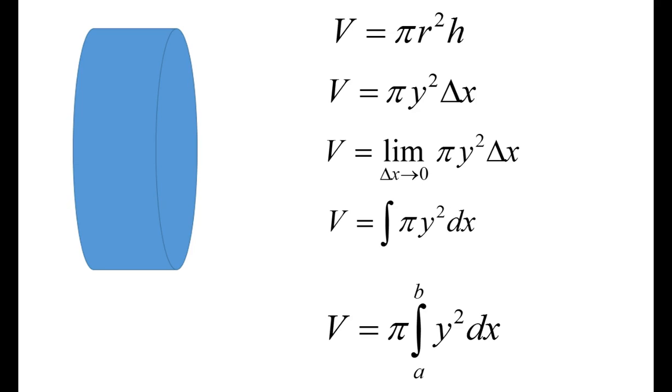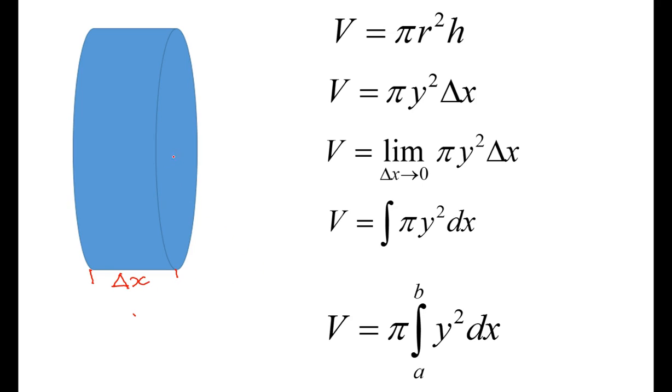We are using the formula volume equals pi r squared h to calculate the volume of our solid of revolution. That's our starting point. Now the cylinder here is standing on its side, so the height of this is actually that distance from there to there, and that was delta x from our previous slides.